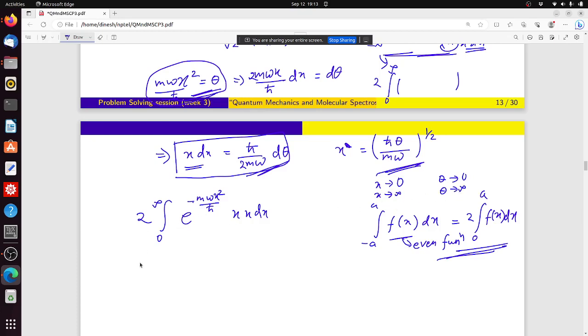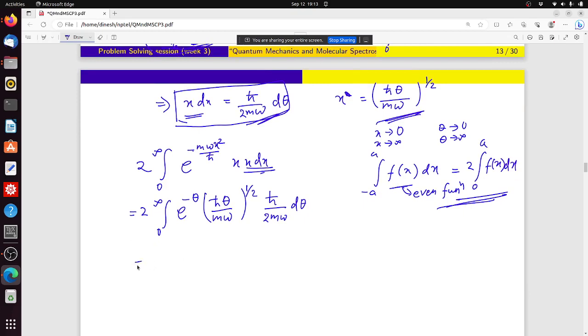Then this limit will remain the same, 2 times 0 to infinity e to the power minus theta, as we have considered this as theta, then x we have substituted like this, h cross theta by m omega to the power 1 over 2, then x dx we have this h cross by 2 m omega d theta.